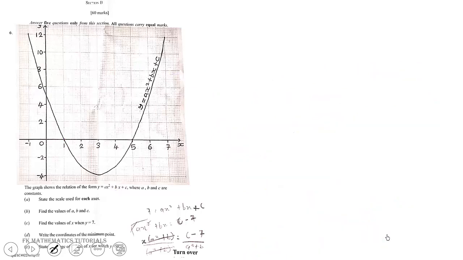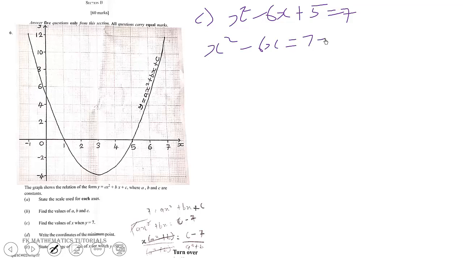When we complete the square, we have x squared minus 6x plus 5 is equal to 7. So x squared minus 6x will be equal to 7 minus 5, so x squared minus 6x will be equal to 2.